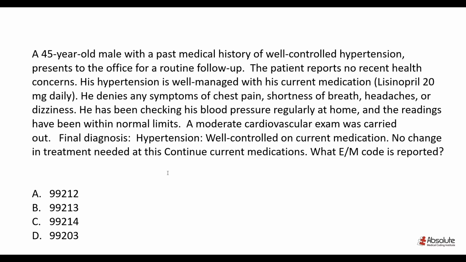He has been checking his blood pressure regularly at home, and the readings have been within normal limits. A moderate cardiovascular exam was carried out. Final diagnosis: hypertension, well controlled on current medication. No change in treatment needed. Continue current medications.